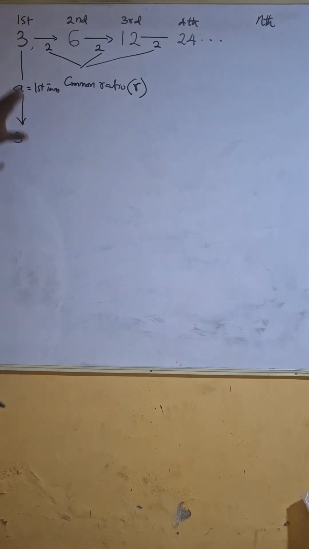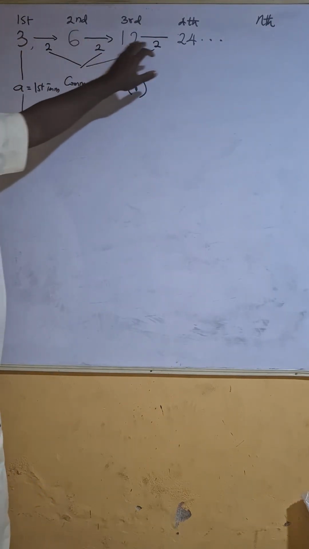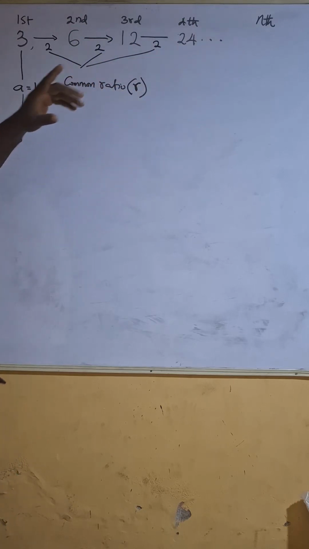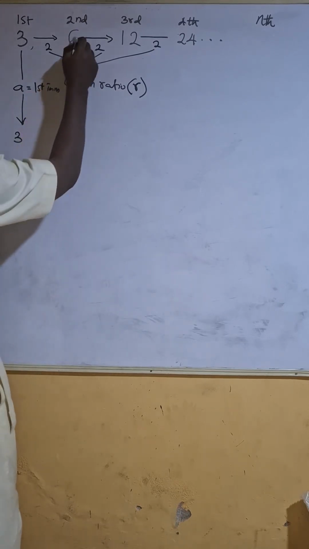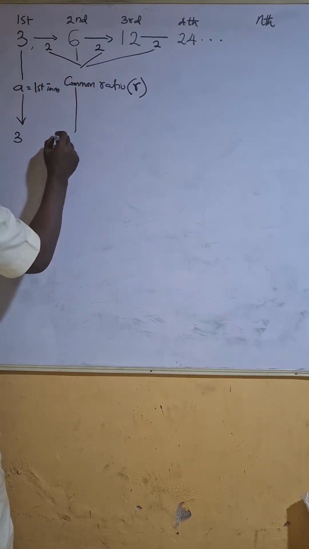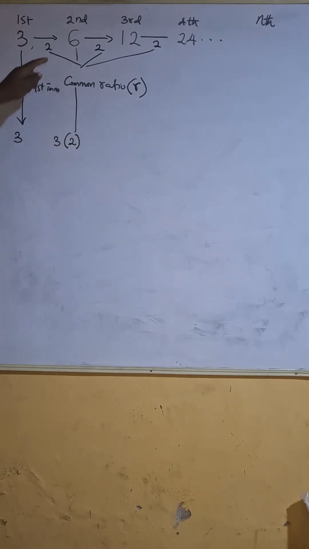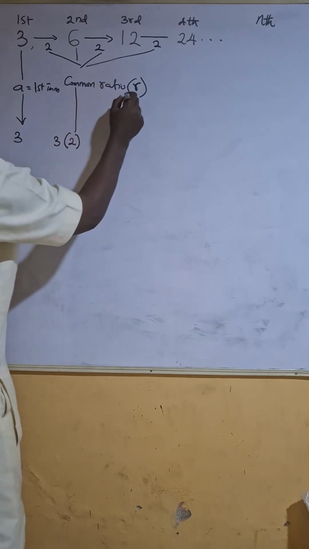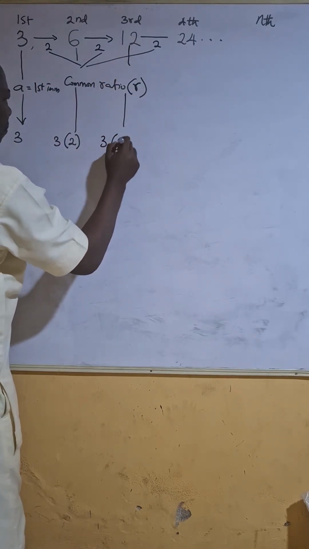To do that, we are going to give an expression to each of these terms, and we are going to keep the first term constant. So this one remains 3. Then this one is 3 multiplied by 2. Then this one is 3 multiplied by 4.